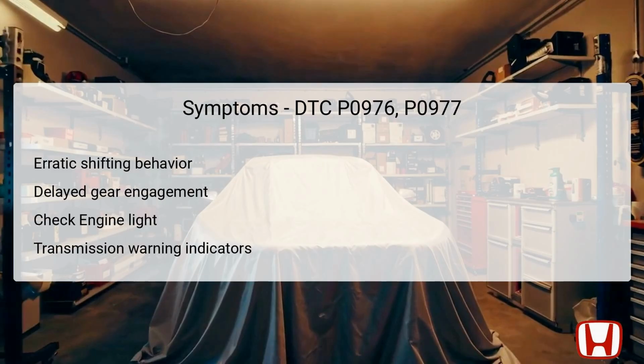The check engine light may illuminate on the dashboard as an alert for potential issues detected by the vehicle's onboard diagnostic system. Additionally, other transmission warning indicators may appear, causing concern for the driver. Recognizing these symptoms early can help prevent further damage to the transmission system and ensure timely interventions.